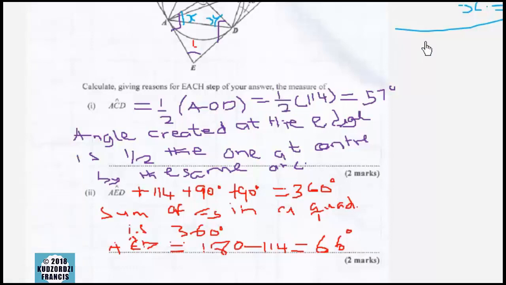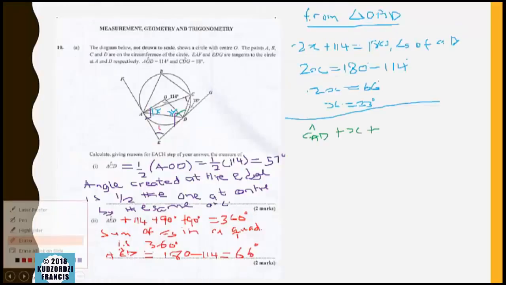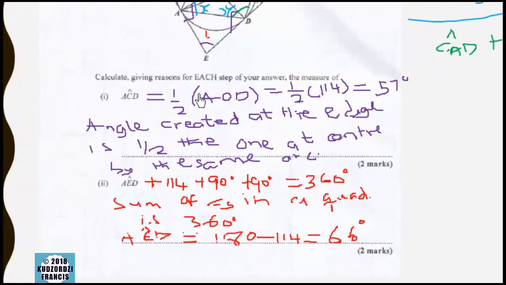From triangle CAD, we know this is 33, this is 18.